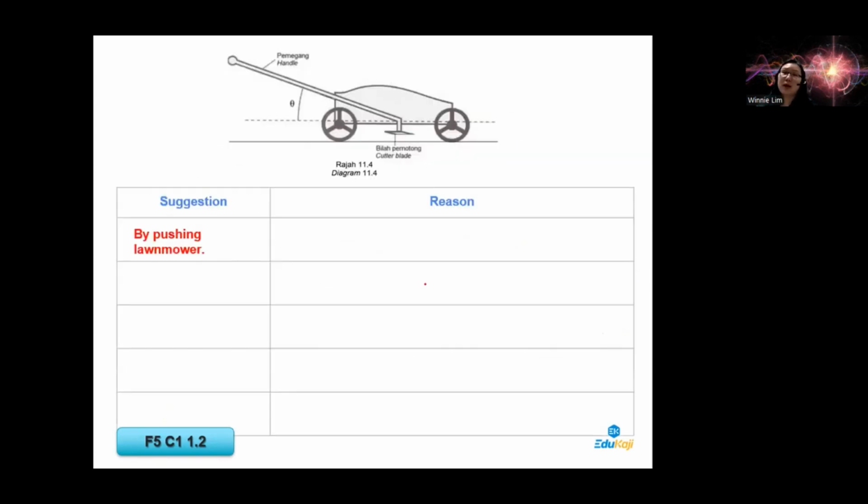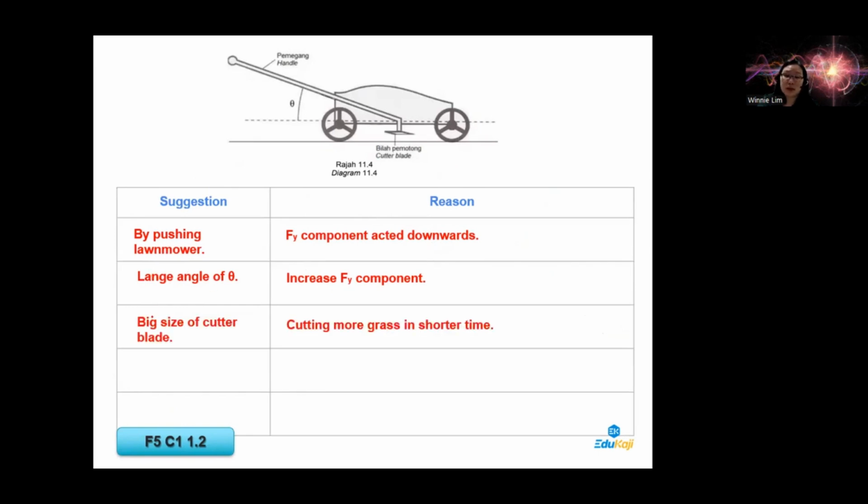So your answer will be: by pushing the lawn mower, the Fy component acting downward is greater. A larger angle theta increases the Fy component, the force on the Fy component. Then a bigger size of the cutter blade can cut more grass.